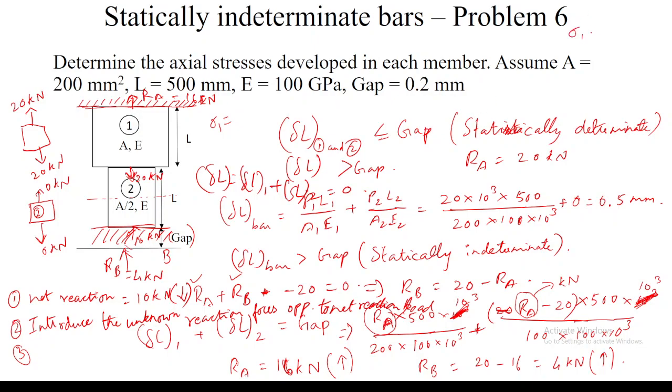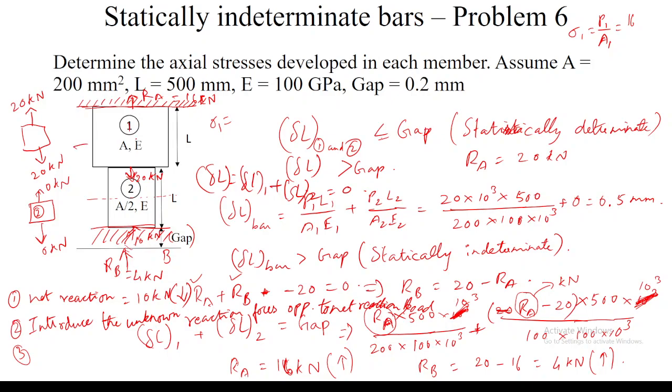Stress in member 1 is equal to P1 divided by A1. Here, what is the value of P1? In member one it is actually equal to RA, 16 kilonewton, because you have RB equal to 4 kilonewton.